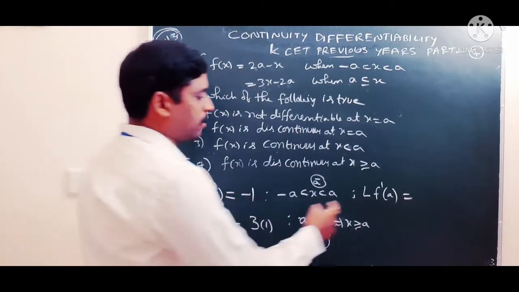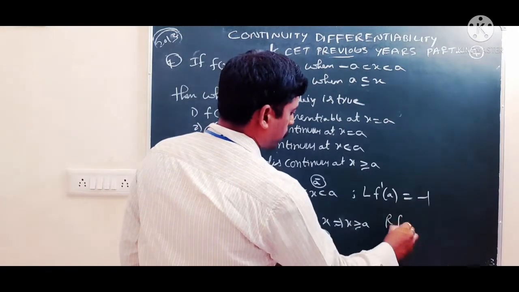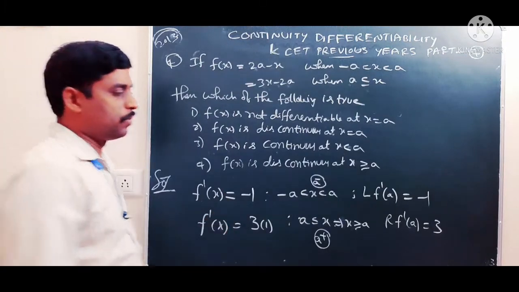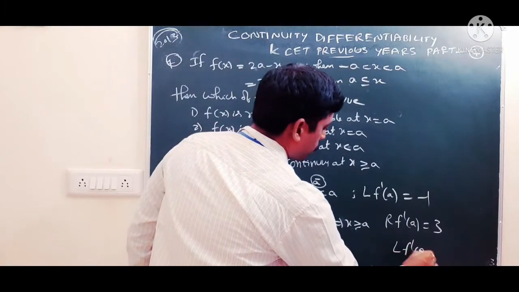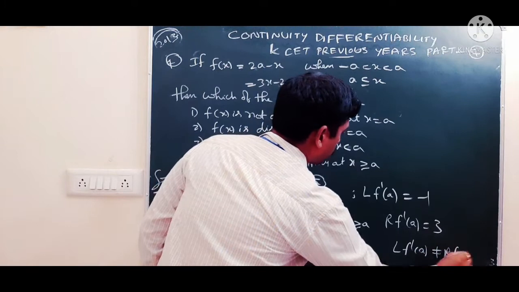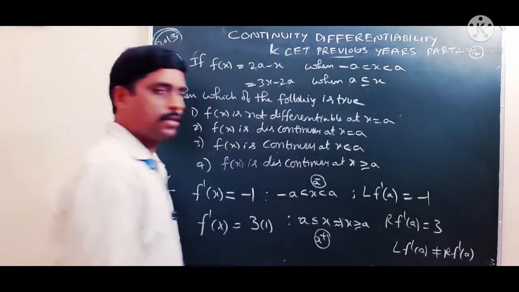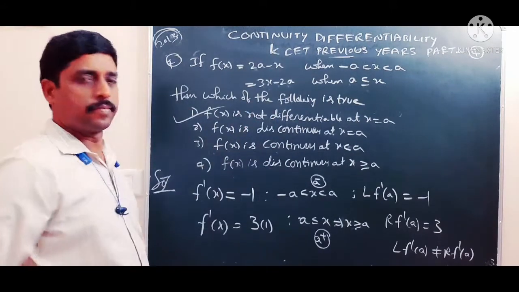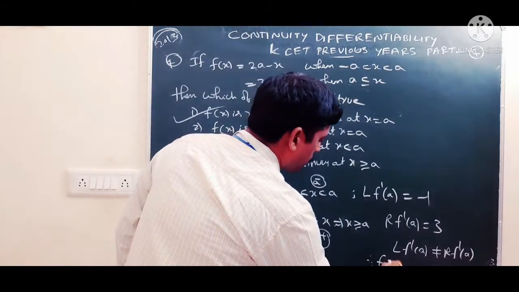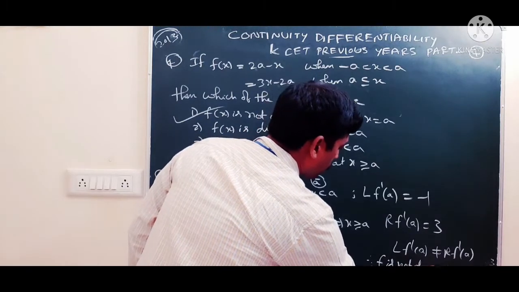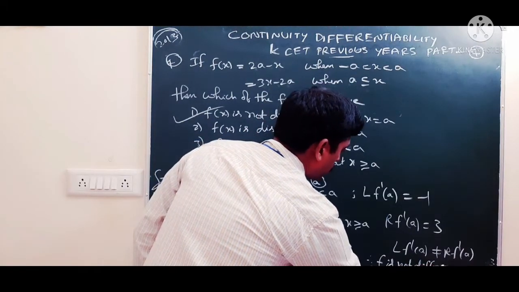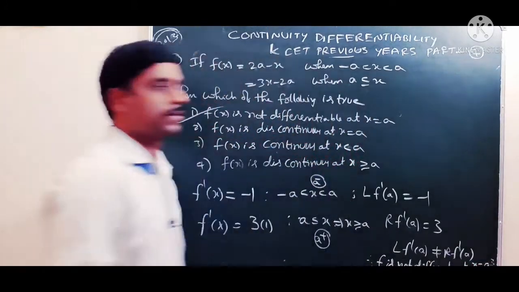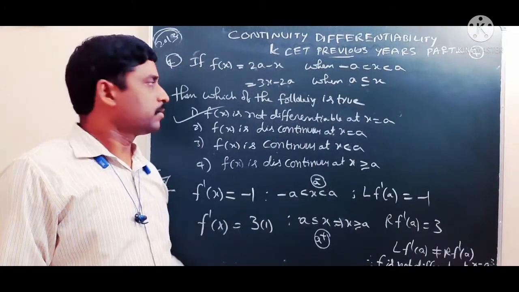So the left derivative is minus 1, and the right derivative is plus 3. The left derivative and right derivative are different. Therefore, f of x is not differentiable at x equal to a. So option 1 is correct.